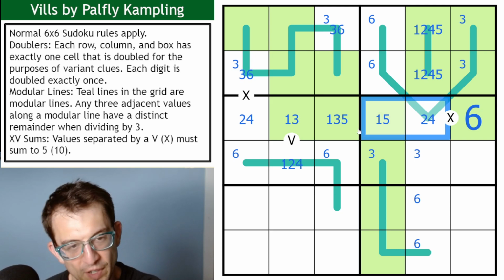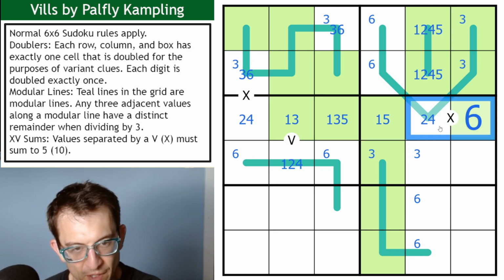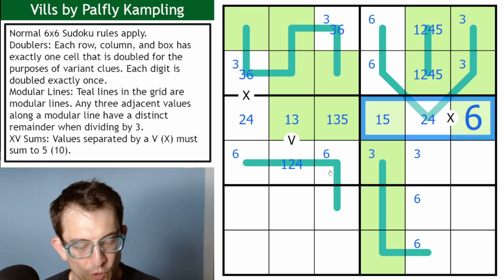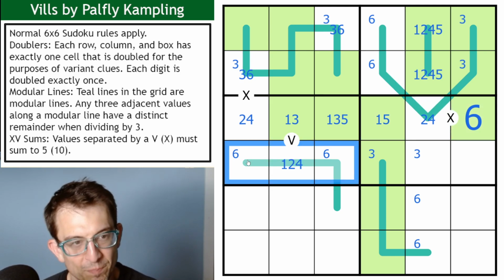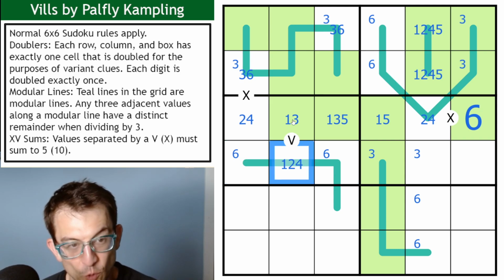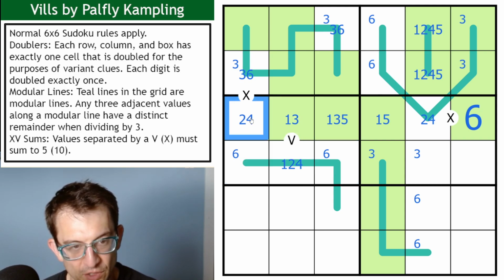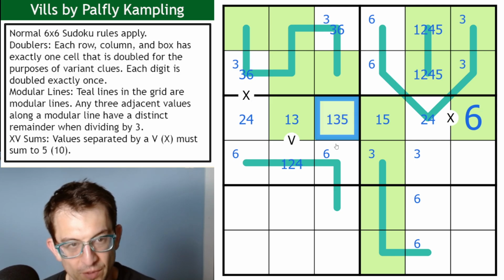If it's 4 or 5, 6 might be harder. If it's 4, 5, 6, 4, 5, 6 also have to go down here. And I get 4, 1 for sure, 2, 3, 5, 6.